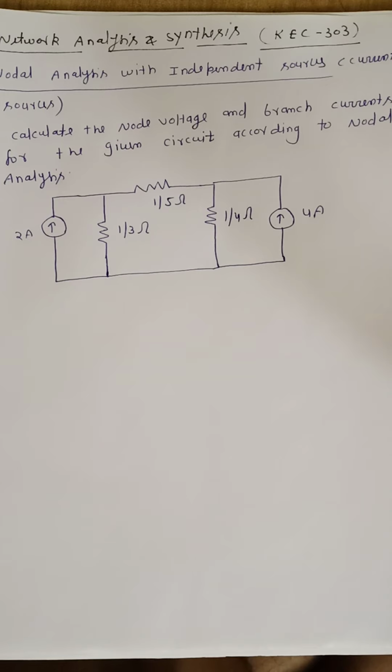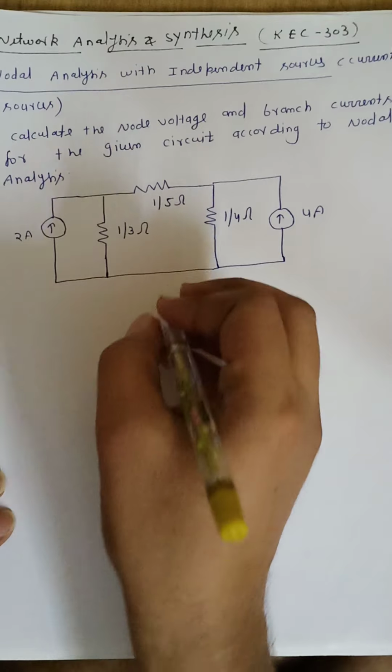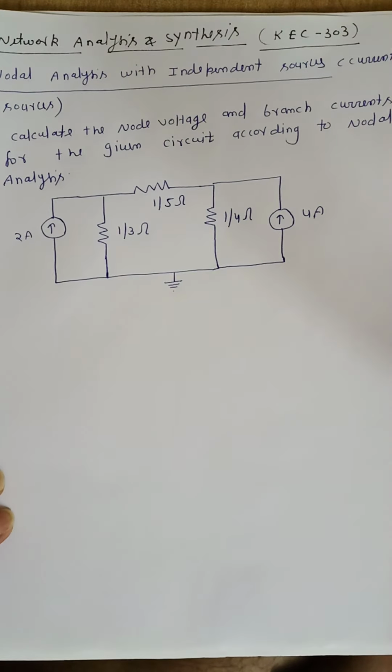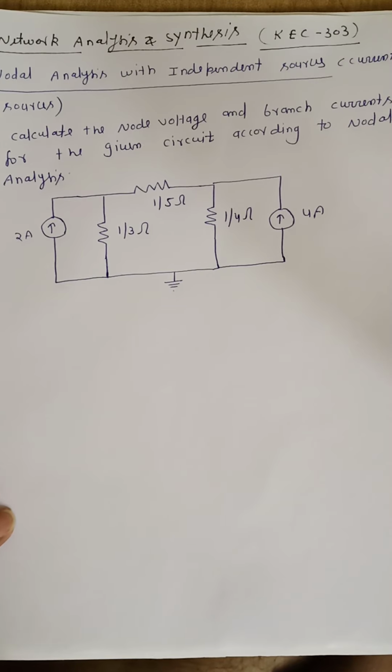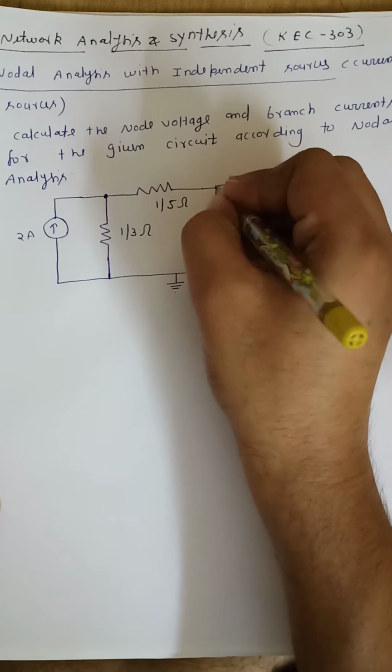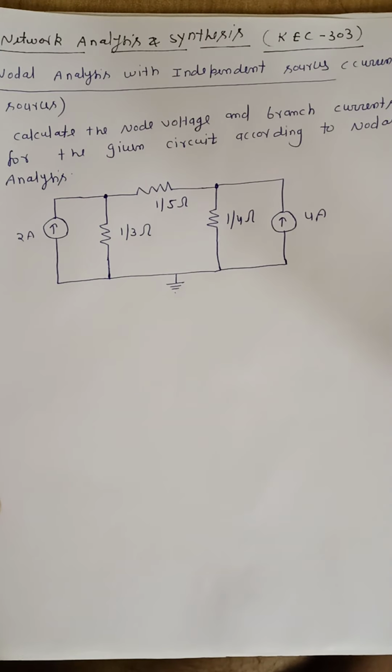As I already told you, in nodal analysis, first we define the reference node. After that we define the non-reference nodes. Here we have two non-reference nodes, the first and the second. In total we have three nodes.